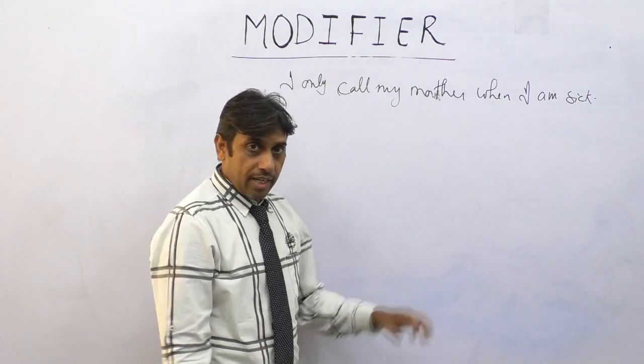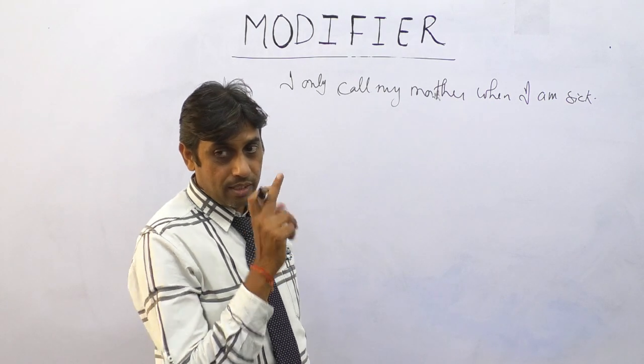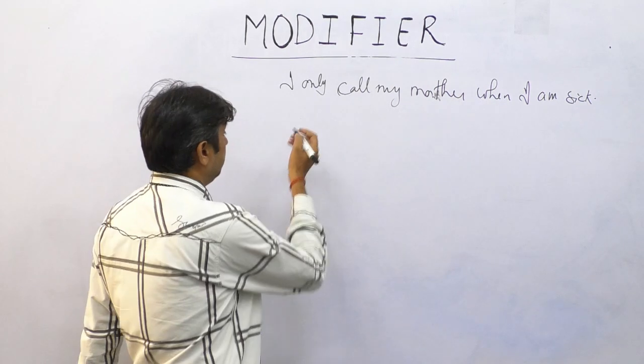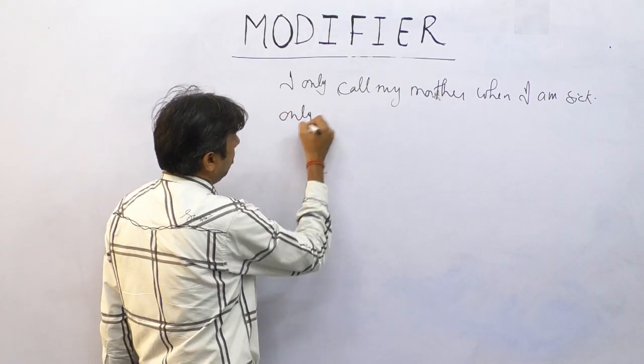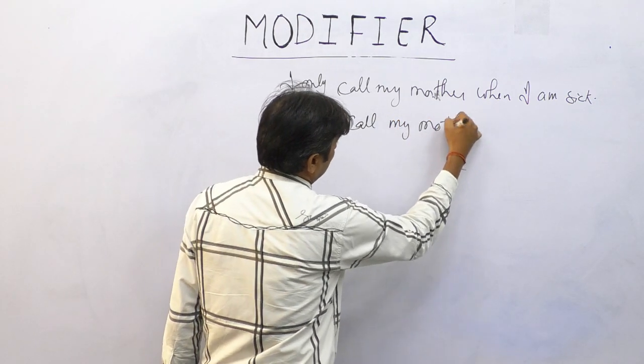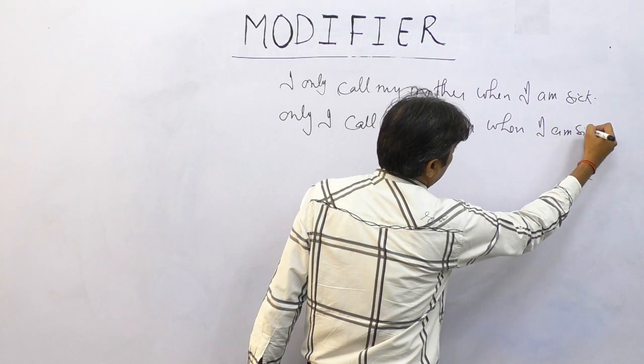Okay, I am writing the sentence in a different way, and let's analyze whether the meaning of the sentence is changed or it has the same meaning. Only I call my mother when I am sick.